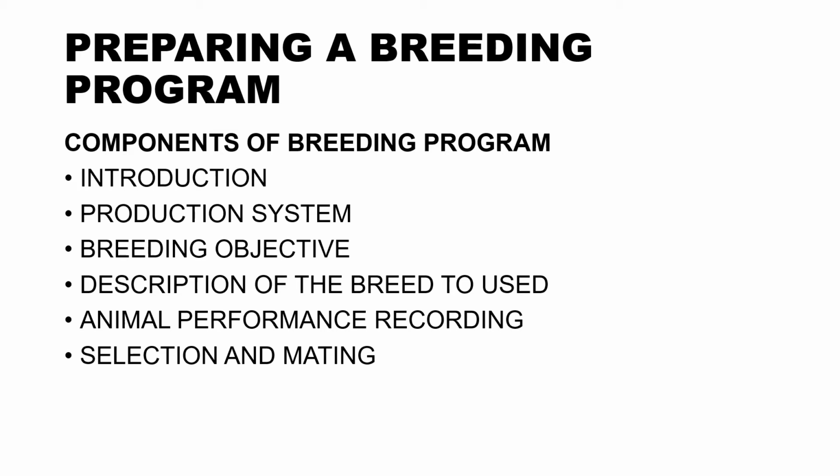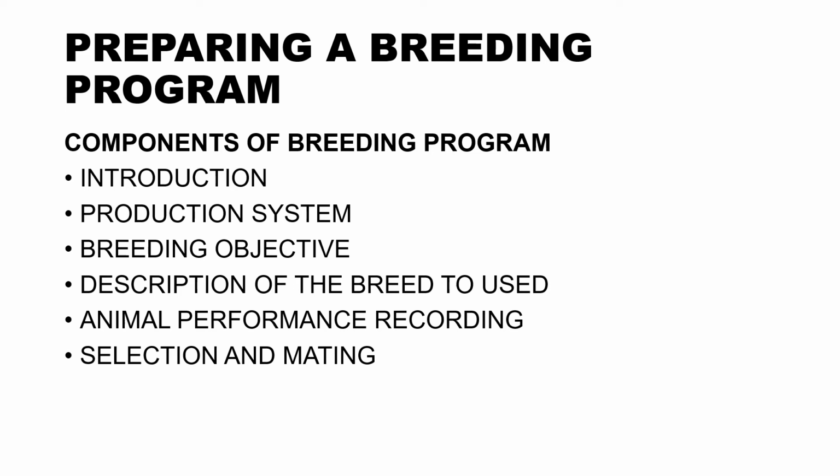So, dapat yung breeding objective mo in relation to the production system. So, if your breeding objective is high number of litters, maganda yung litter index, then yung production system mo maybe is yung production of piglets, yung piglet to weaner operation, mga ganun.